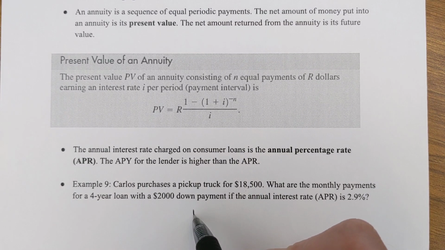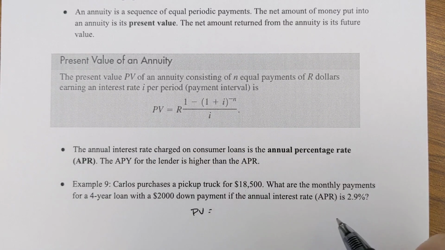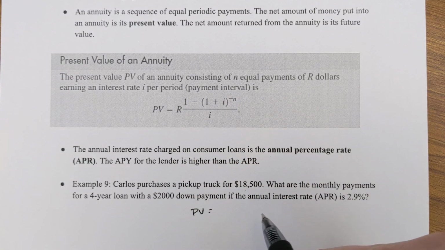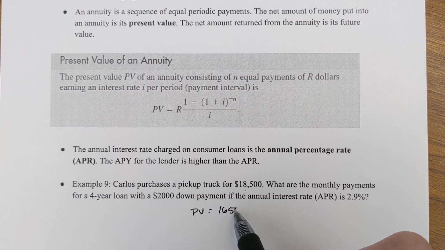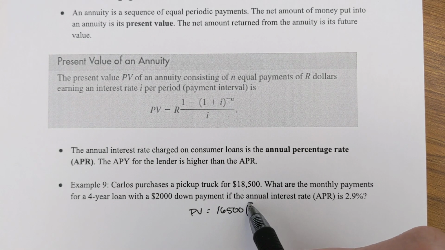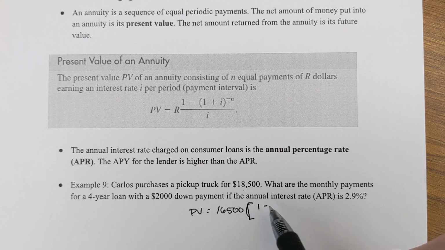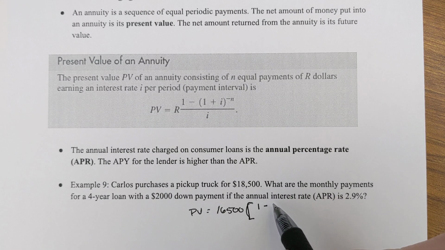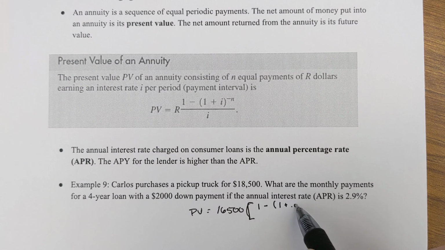So let's work this out. He only has to borrow that much. Do a bracket, 1 minus 1 plus the interest rate, 0.029, to the negative n.